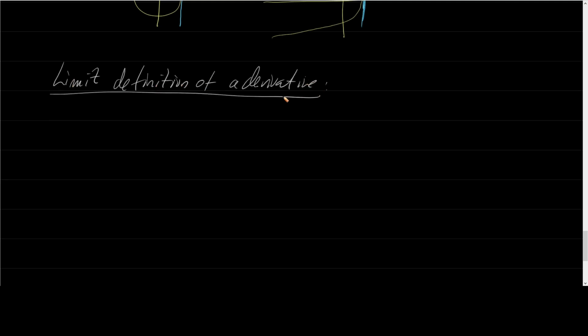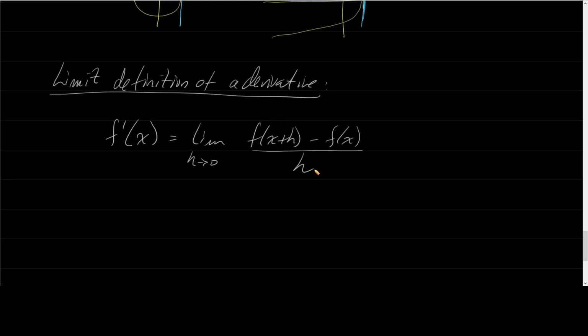So this is the limit definition of a derivative. And this is what it says, all right? This is the definition. And this is how we write it. F prime of x is equal to the limit as h goes to 0 of f of x plus h minus f of x, all of this over h, all right?